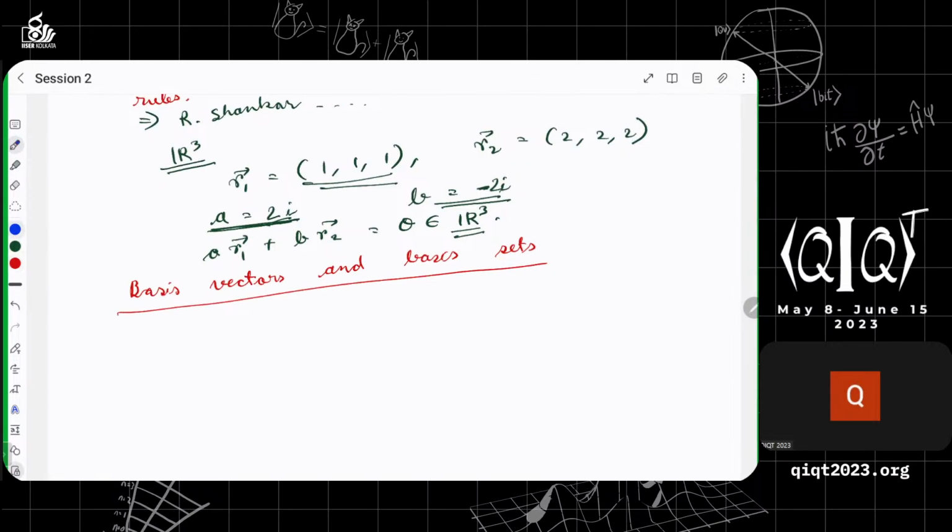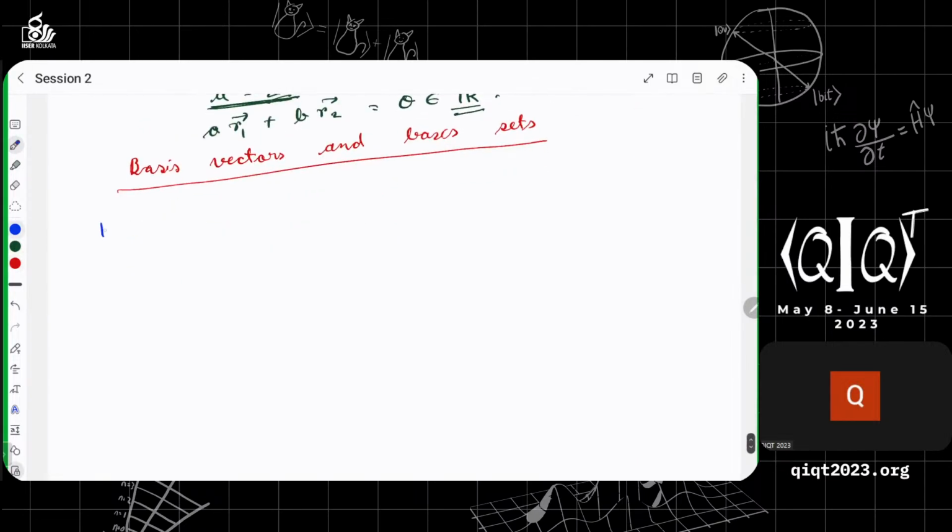So let's look at R3 only. And let's go back to our bracket notations, even in R3, just so that we don't forget. So we have this X, Y, Z coordinates, and these are, say, the unit vectors. So basically X, Y, and Z have norms 1.